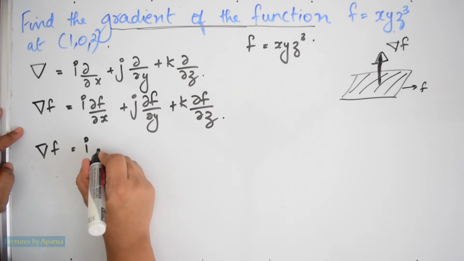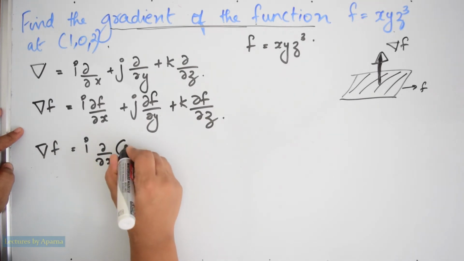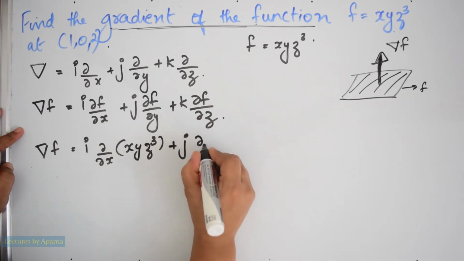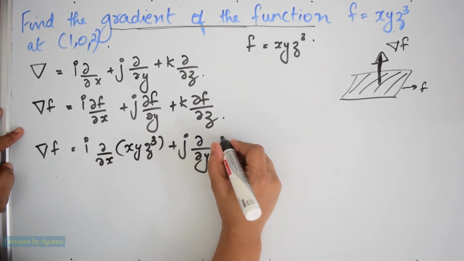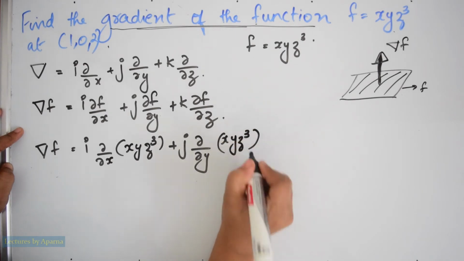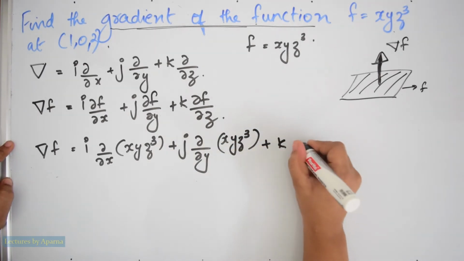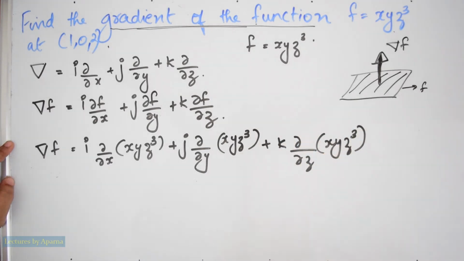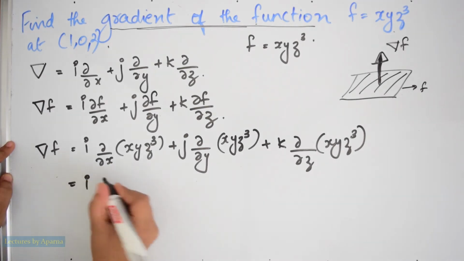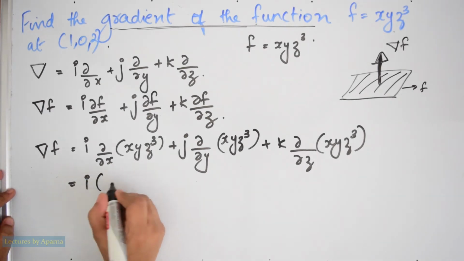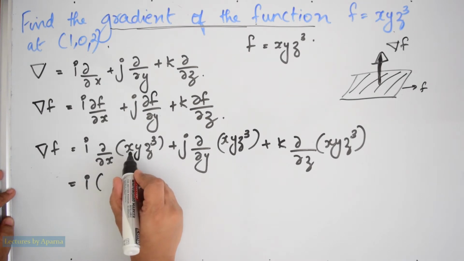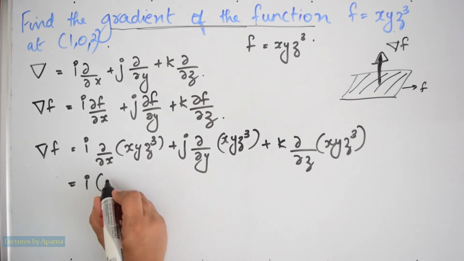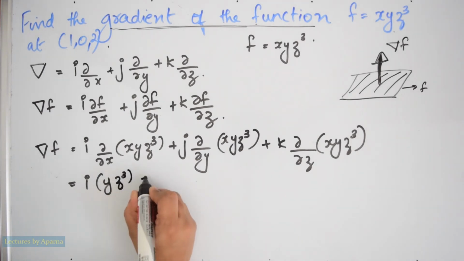It will be equal to i dou by dou x of xyz cube plus j dou by dou y of xyz cube plus k dou by dou z of xyz cube, which is equal to i into, here y and z cube are the constants, so it will be yz cube, plus j.